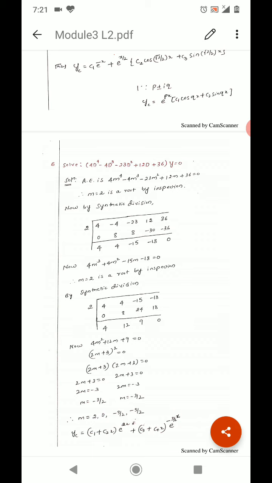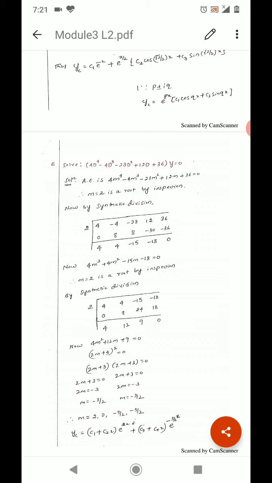So adding those terms we get 12. 12 into 2 becomes 24. Put 24 below the next term minus 15, and adding with minus 15 we get 9. So 9 into 2 becomes 18. Put 18 below the next term minus 18, and adding those terms we get 0.